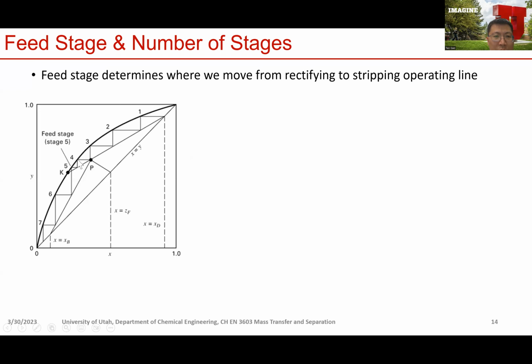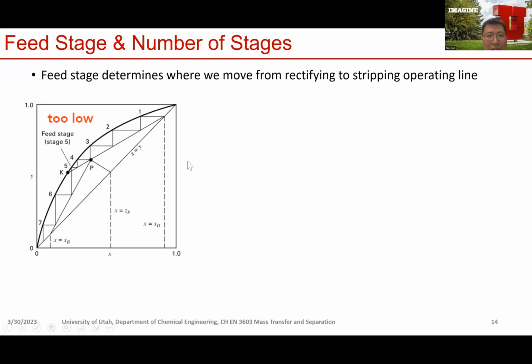From stage 3 to 4, you're only able to change the liquid phase composition by this much, the length of this line segment. And in stage 5, even less, you can only achieve a change in the liquid phase composition from this point to this point, this line segment length. So the reason is we're operating our system too close to the equilibrium line.